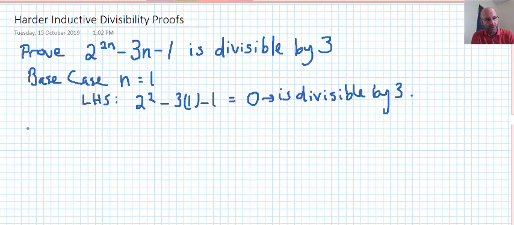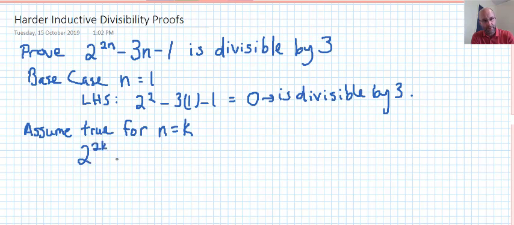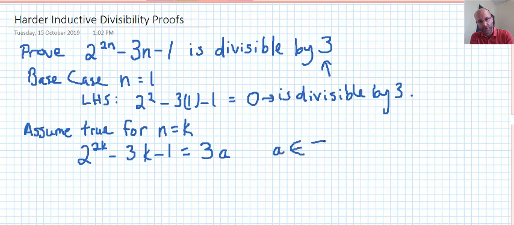So for the inductive hypothesis, we assume the proposition is true for n equals k. That would give us 2 to the 2k minus 3 by k minus 1. Now assume it's true. What's true? Divisible by 3. So we're going to call that 3a, where a is some positive integer.